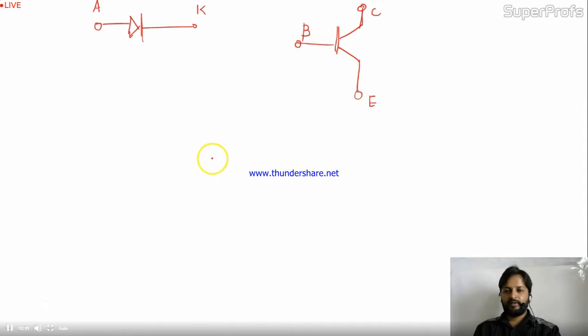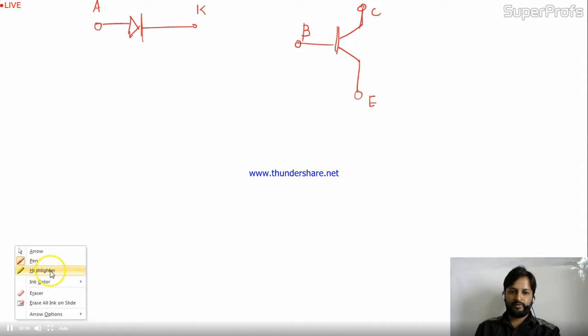So we have the current equation for these two elements.